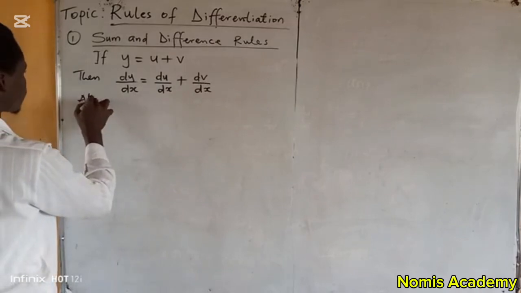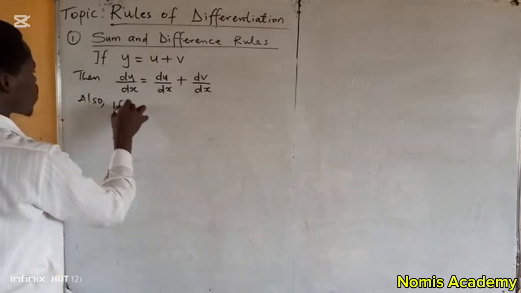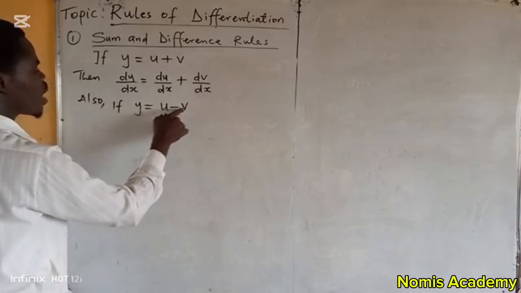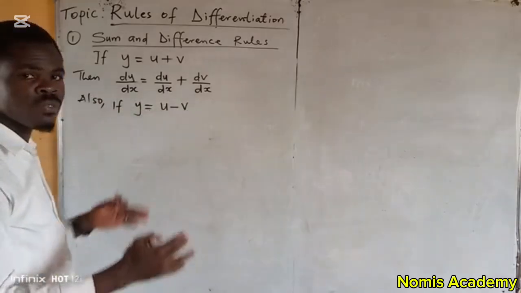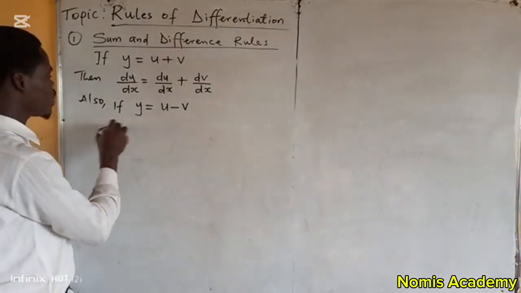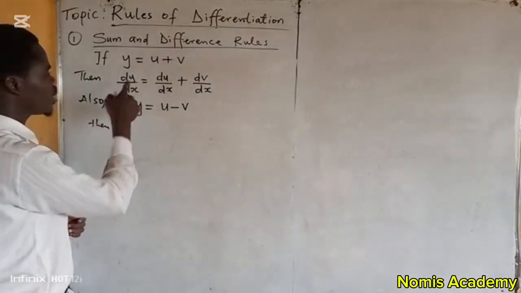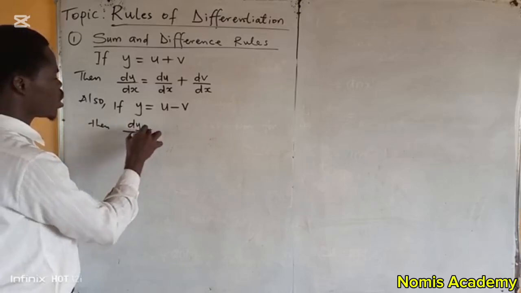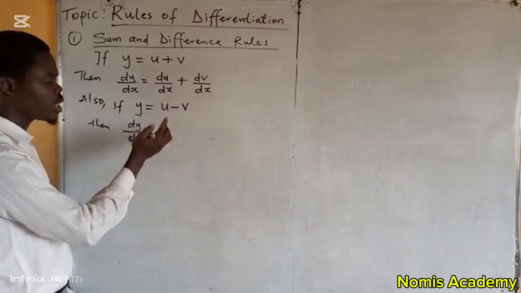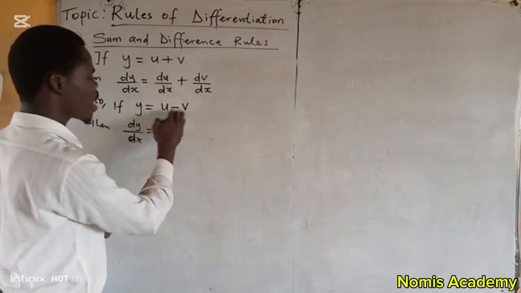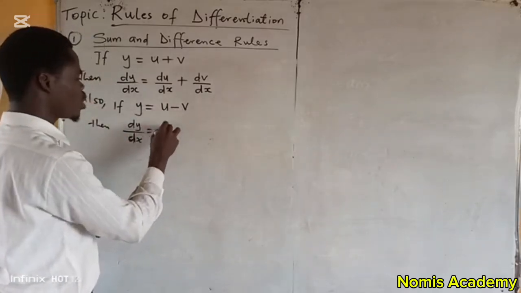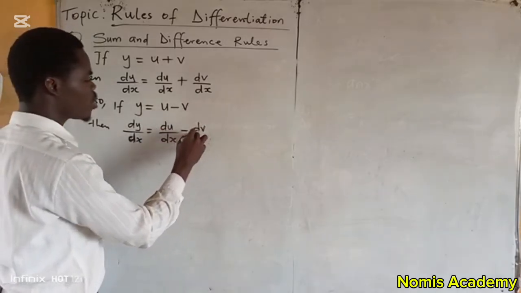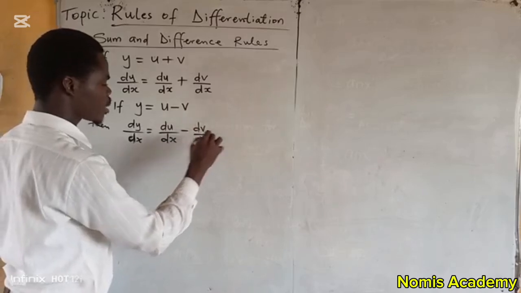Also, if y equals u minus v, where u and v are both functions of x, then the derivative dy over dx will also be the difference of their derivatives. So we have du over dx minus dv over dx.